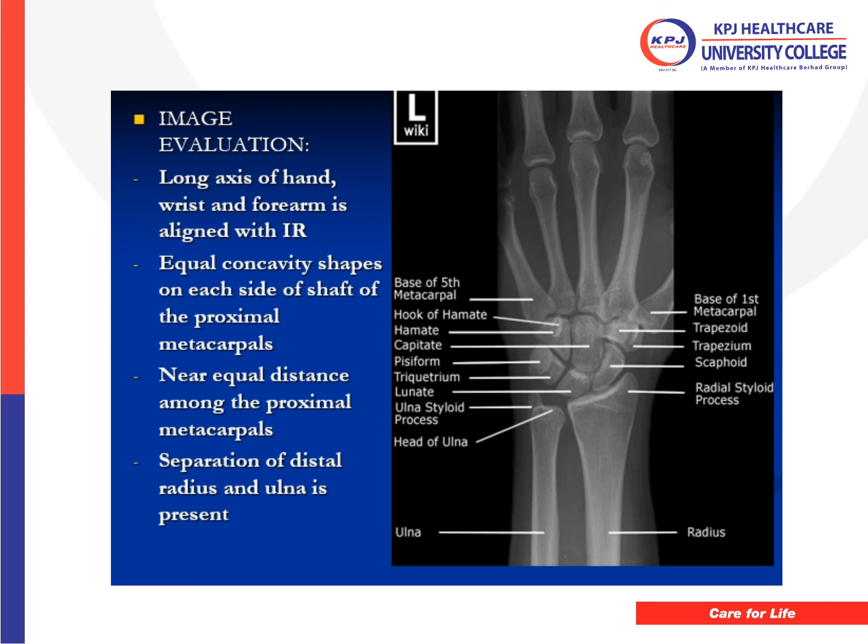Equal angulation of each side of the shaft of the proximal metacarpals and near equal distance among the proximal metacarpals. Separation of the distal radius and ulna is present. Part of the distal ulna is present and part of the proximal metacarpals is included in the radiograph. Not to mention, you can see the left marker here.